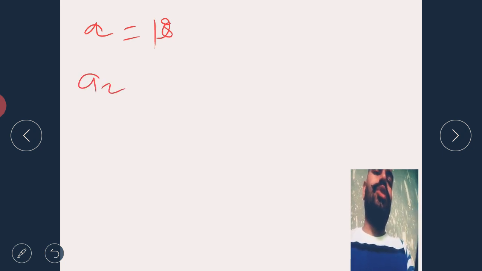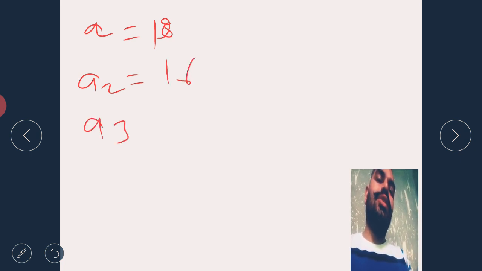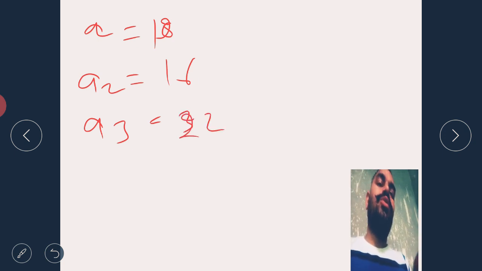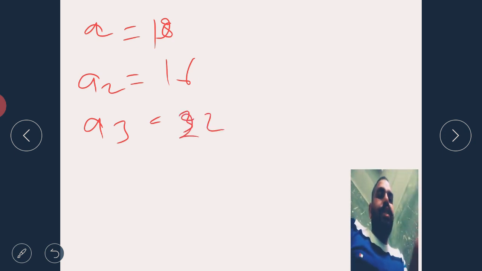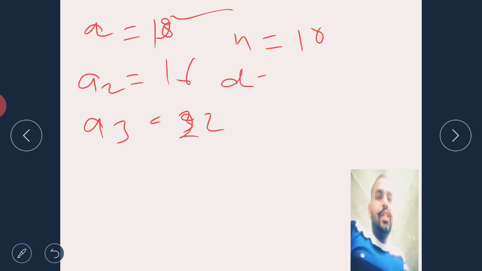Second a2 is equal to 2 into 8, 16. Third a3 is equal to 2 into 11, 22. The first term is 10, 16, 22 and n is equal to what? 10. So a is 10. What is d here? D is 6.